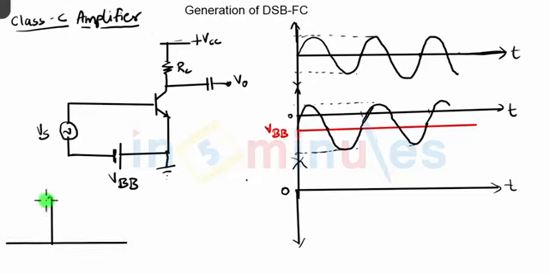I've taken NPN transistor, and hence I can always define the base current which gets generated as a function of the base emitter voltage.